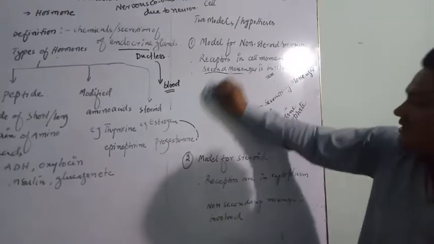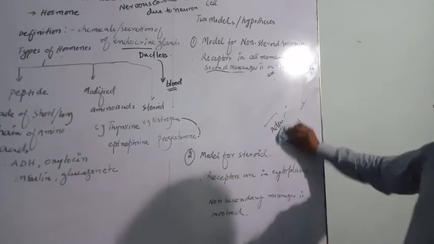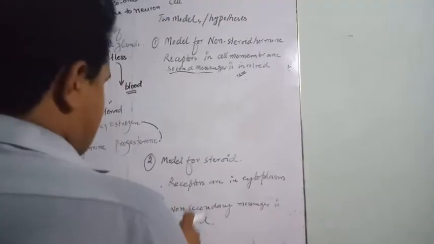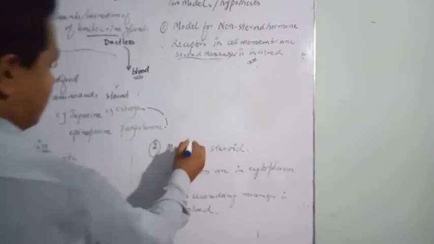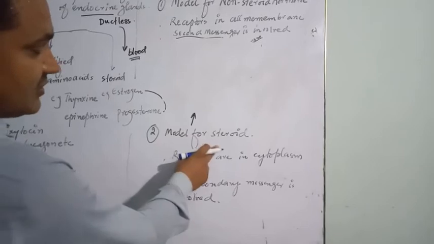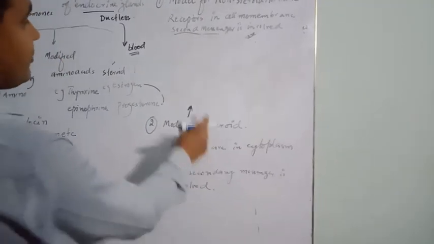What happens in the second model, the model for steroid hormone, the mode of action of hormones?